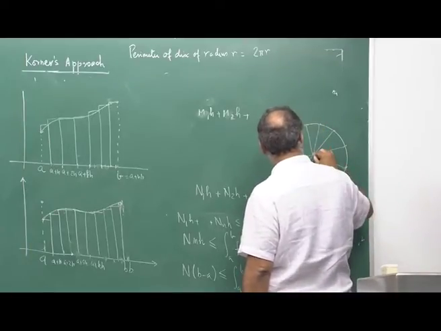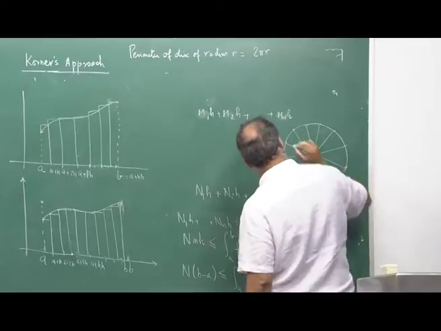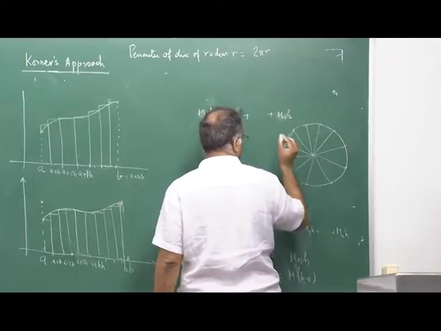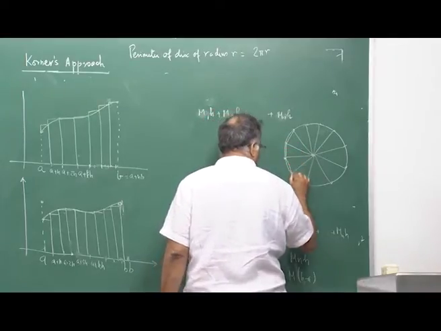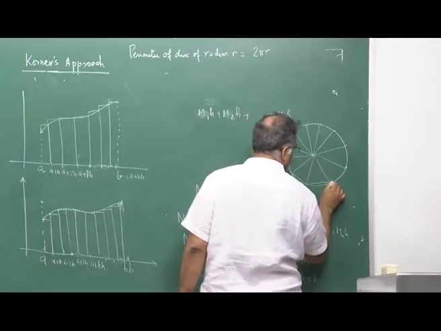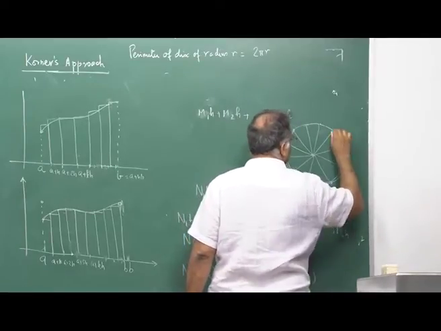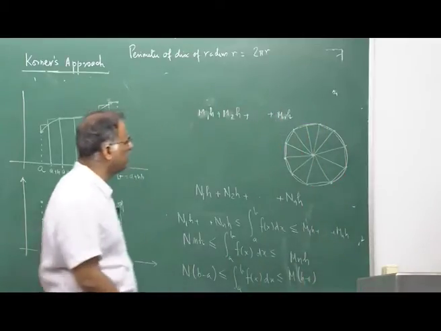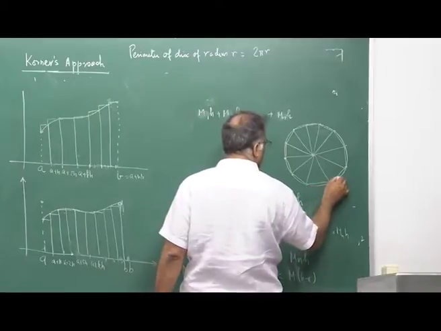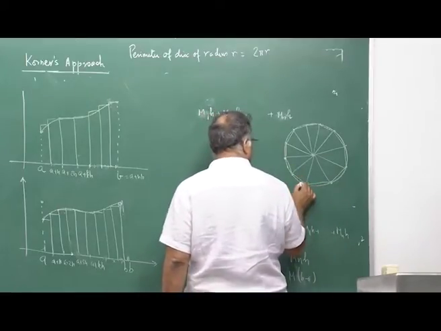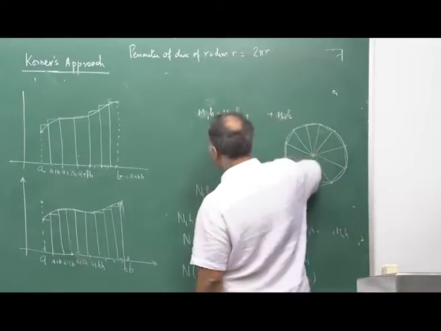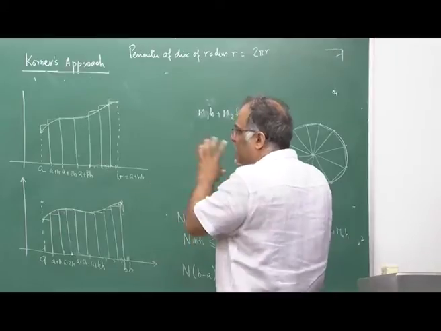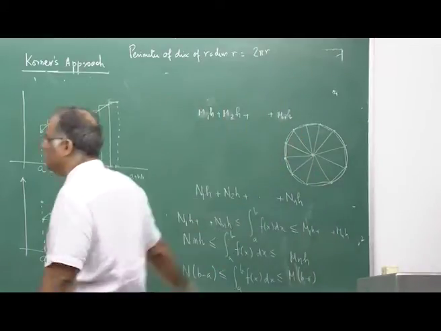So historically integration came much earlier than the notion of the derivative. Now he joins the adjacent points with chords. So what you get is a polygon, but some area of the circle is left out. So in the next step you will increase the number of points and again have a polygon which will cover further more area, and keep on going, and doing so you will cover the whole area.